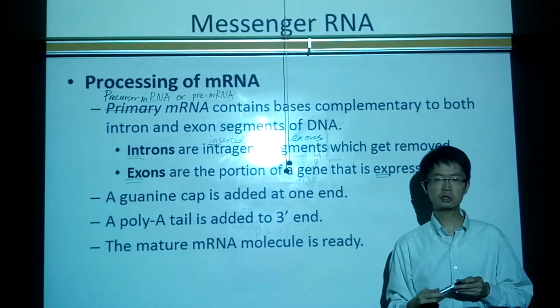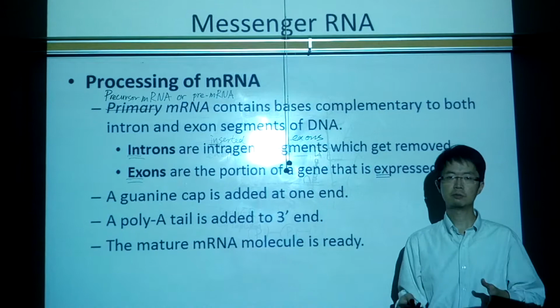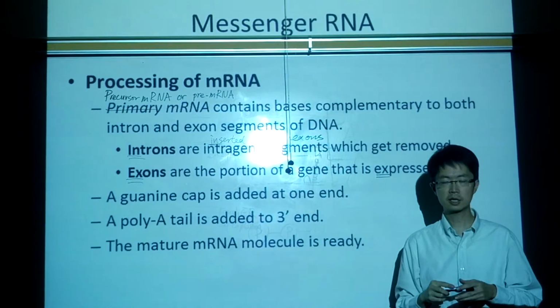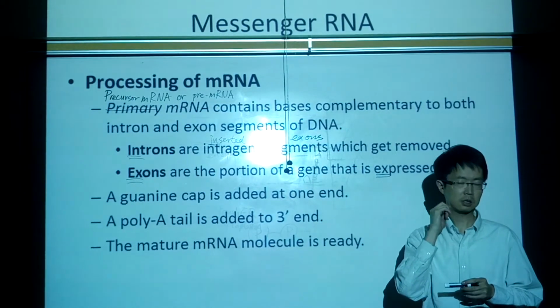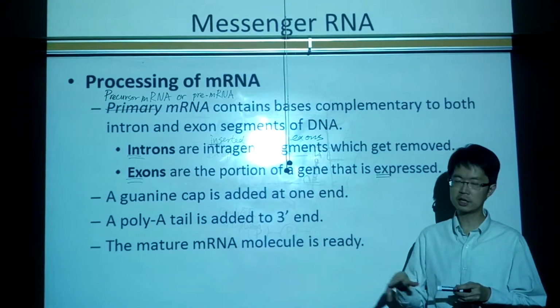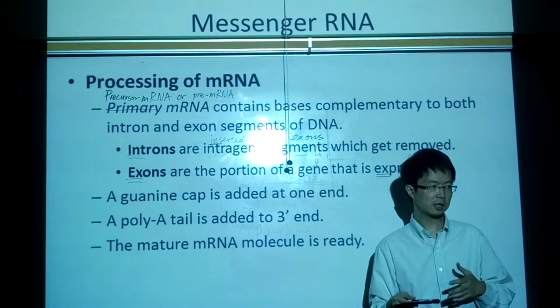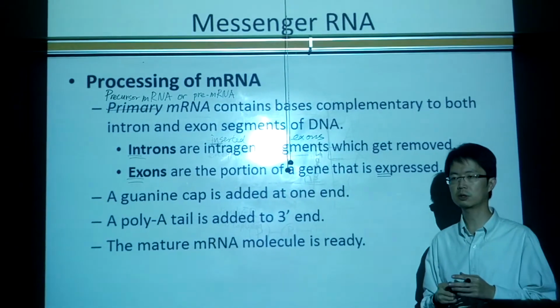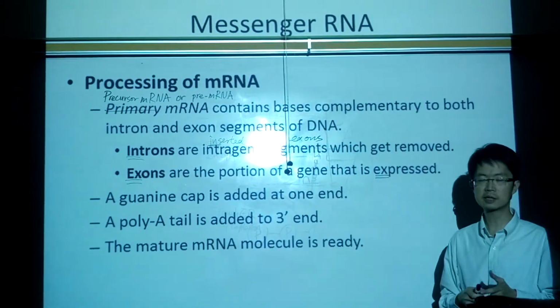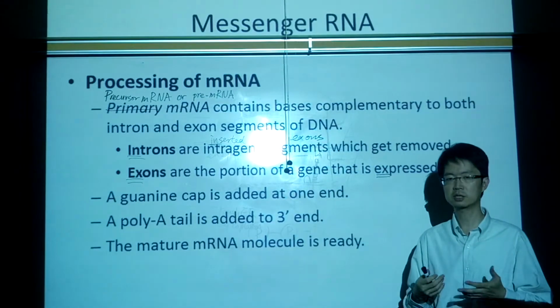We can use intron to stop the process of translation, which is the next stage. So intron is not really junk sequence. They can use it to stop the process of translation in case any mistake happened during transcription.